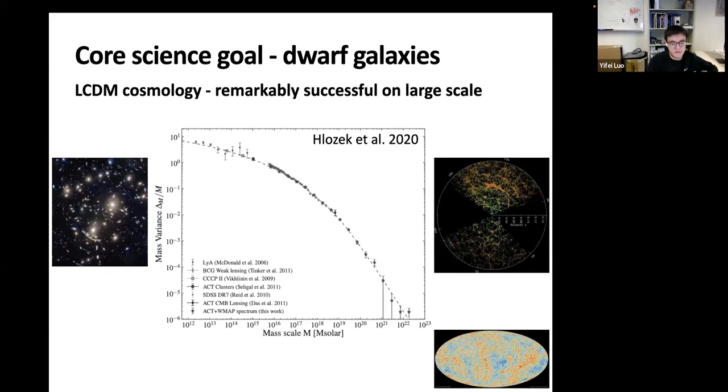However, in the last 2 decades, we have been finding some challenges to lambda CDM.